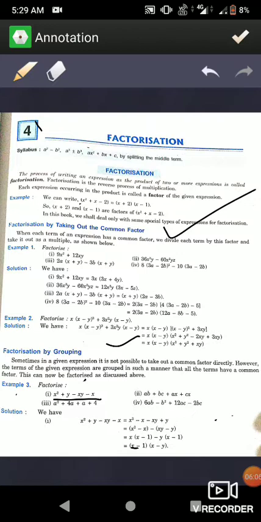Here it is given four terms: x square plus xy minus xy minus x. You have to factorize this. So first of all you have to rearrange them. It means that you have to bring the similar terms near each other.